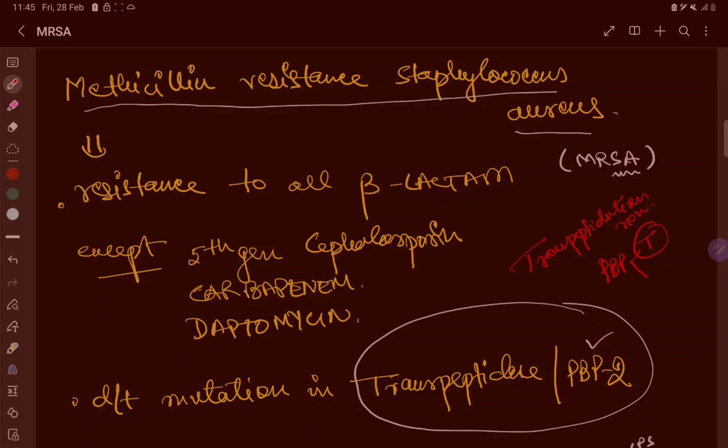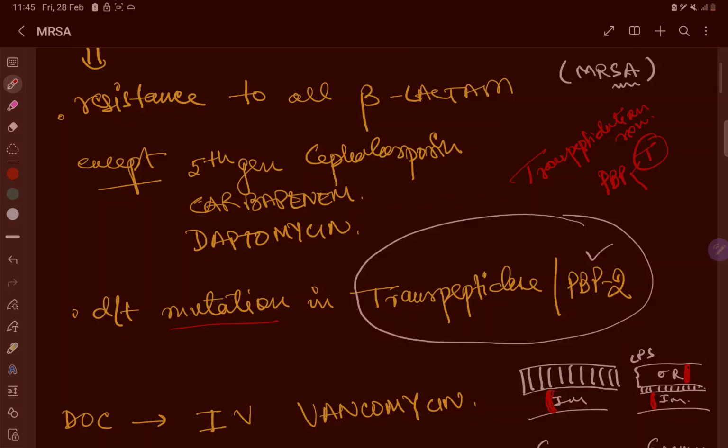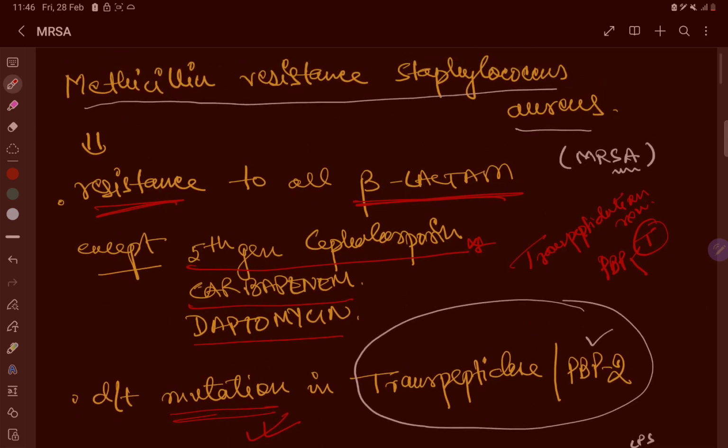There is a mutation in the gene coding the transpeptidase, which leads to resistance to all the beta lactam antibiotics except the 5th generation cephalosporin ceftaroline, carbapenems and daptomycin. So this is the overall definition of MRSA in this slide.